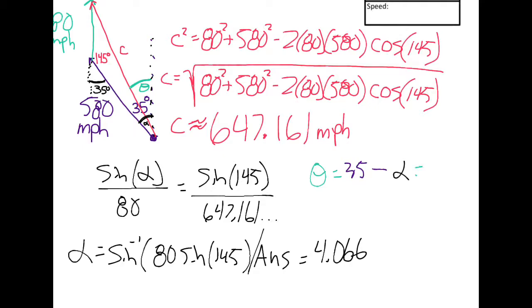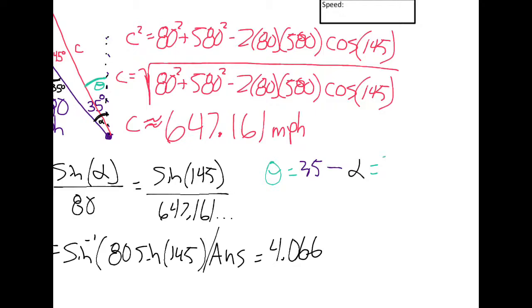And so when you do that, you should find that theta equals 30.934. And so then to state that as a bearing, the bearing has to be north 30.934 west.